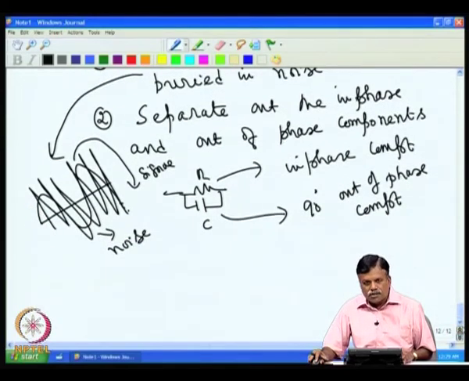What is the basic principle involved in the lock-in amplifier, that is extracting the signal which is buried in the noise?